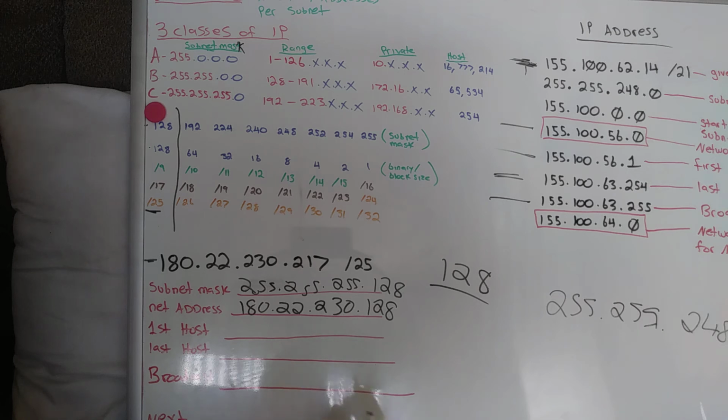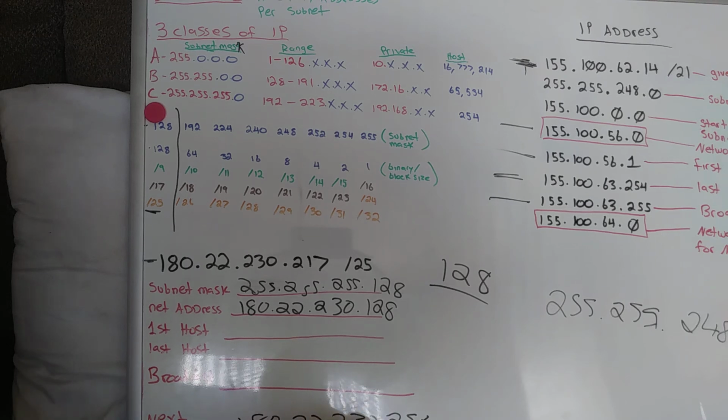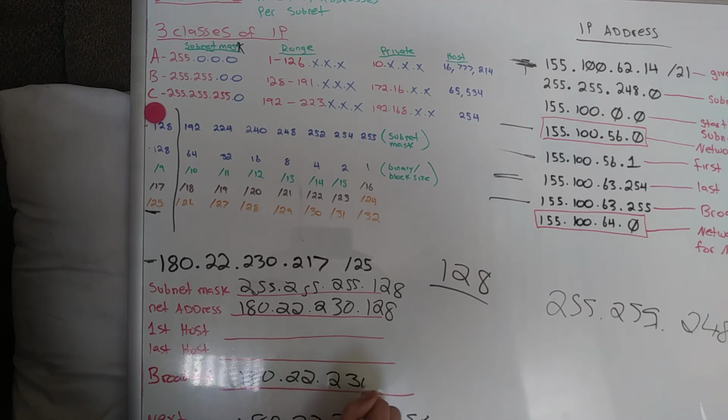Which we actually can't do, but that's 180.22.230.256. So if we back off 1 from the next subnet, we have our broadcast, 180.22.230.255.